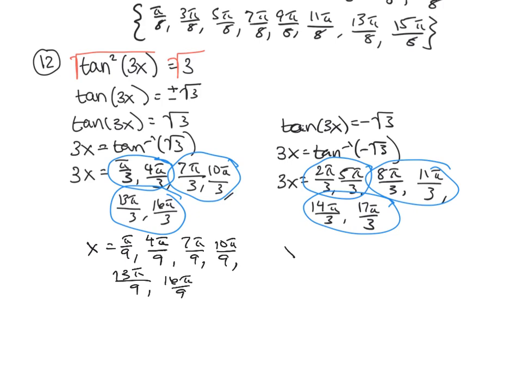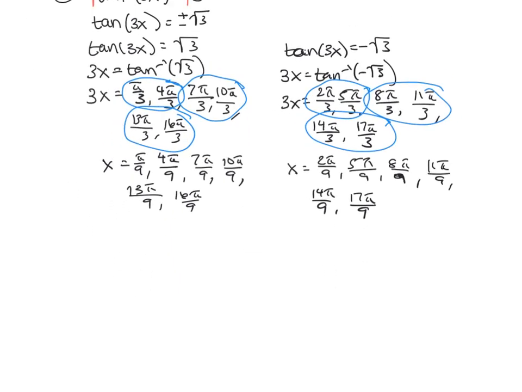For the negative side, you're going to get 2 pi over 9, 5 pi over 9, 8 pi over 9, 11 pi over 9, 14 pi over 9, and 17 pi over 9.